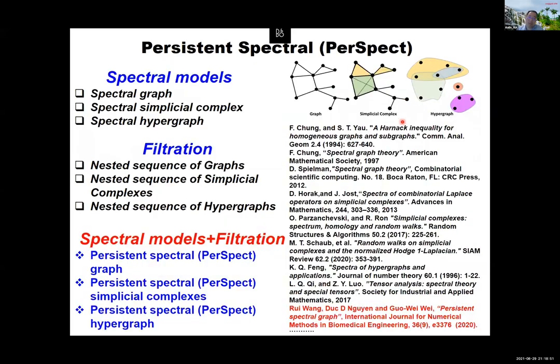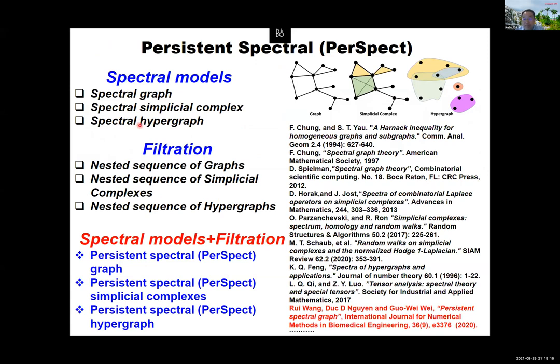Based on this understanding, recently we have proposed some models we call persistent spectrum. It's really about combining the spectrum model with the filtration process. I don't need to say too much about spectrum graph and spectrum simplicial complex. We have a lot of experts here. Another thing is that recently there is also something called spectrum hypergraph.